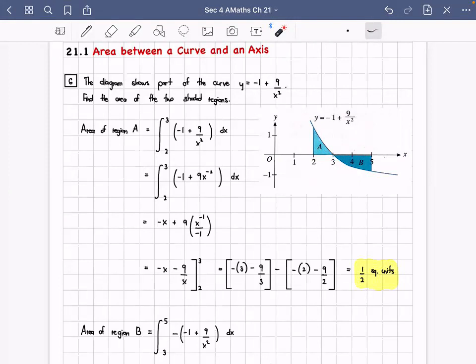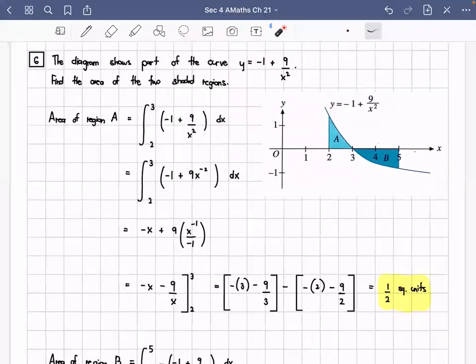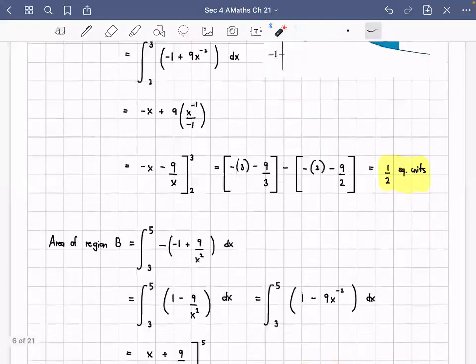The diagram shows part of the curve y is equal to -1 plus 9 over x squared. We need to find the area of the two shaded regions, region A and region B. Getting the area of region A is, of course, easier compared to region B.